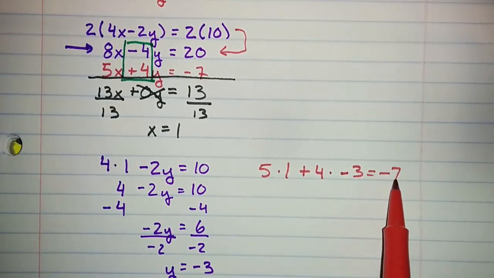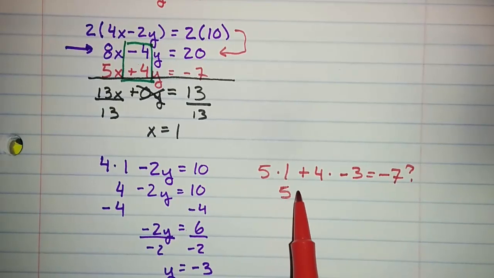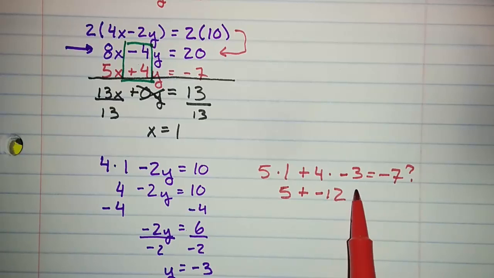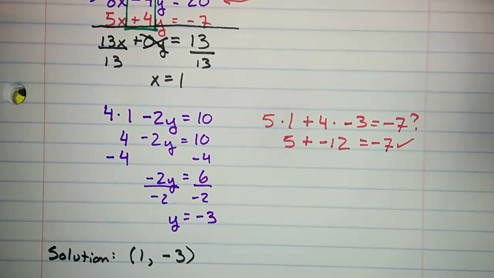Does that give us negative 7? All this will be 5 plus negative 12. Yeah, that does give us negative 7. So that actually worked out properly. 1 comma negative 3 is the correct solution.